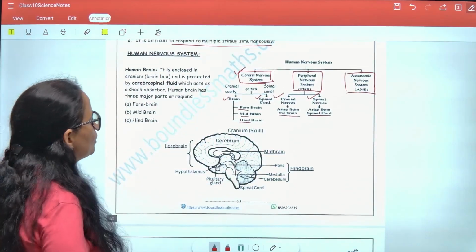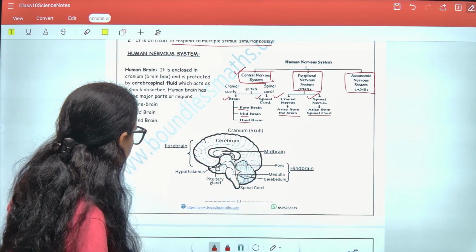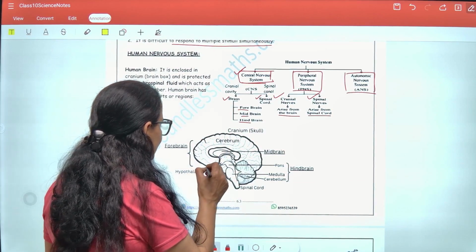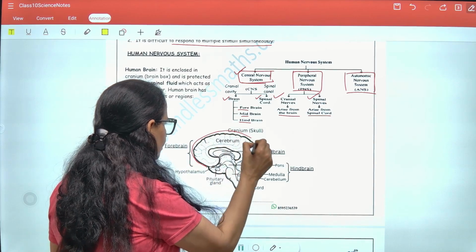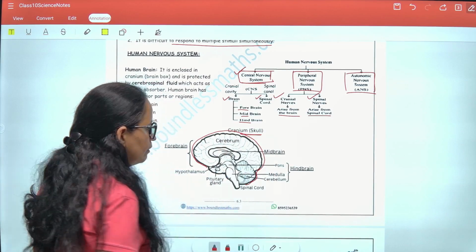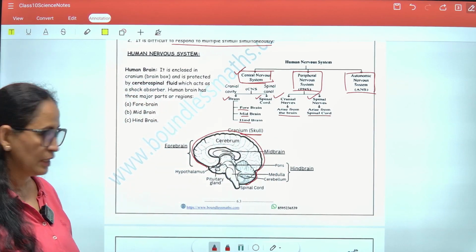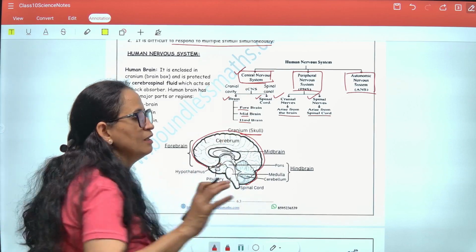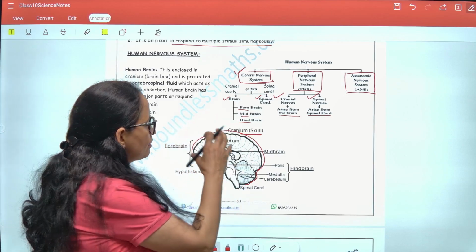Now let's look at the structure of the brain. This entire brain is enclosed in a cavity called the cranium or the skull, right? So this cranium or skull is a very hard bone that protects our brain inside it.